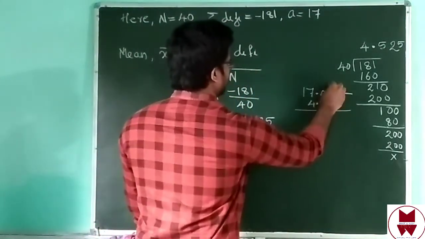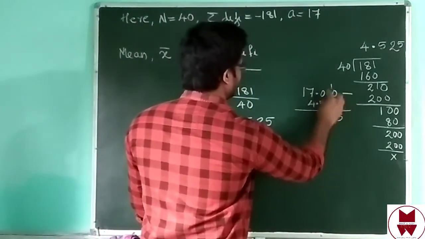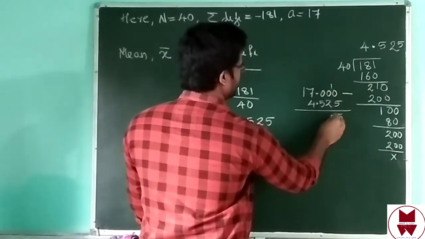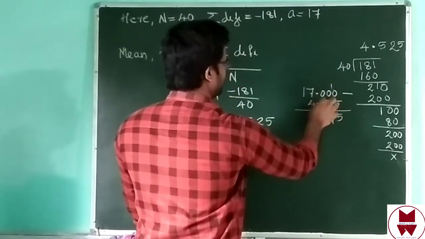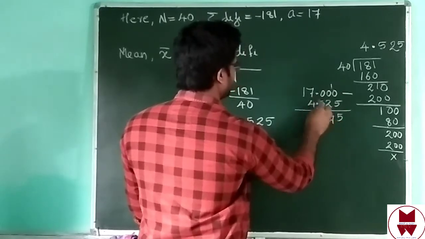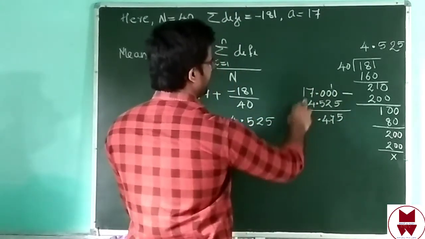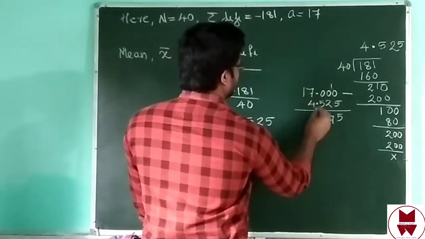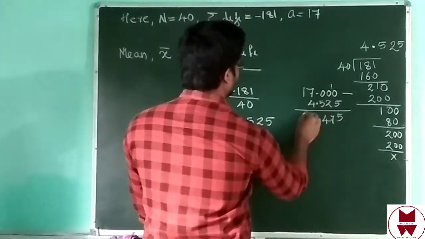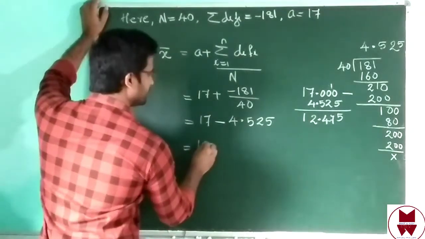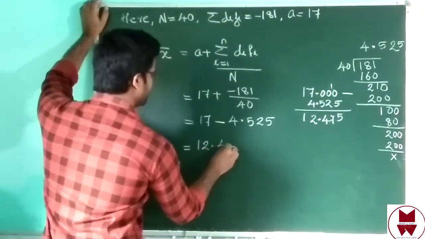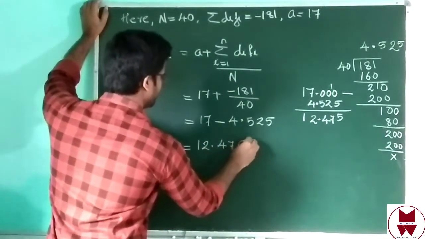Then 10 minus 5, in here remaining 9 minus 2 is 7, in here remaining 9 minus 5 is 4, and 5. In here only 6. From here I took already 1, then 6 minus 4 is 2, 1. 12.475.